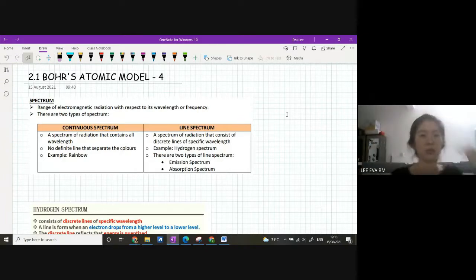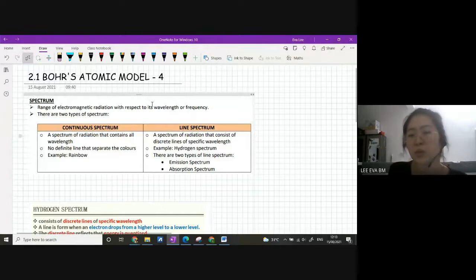Okay. So 2.1, we have already discussed the first, second, third, and fourth postulate. The next thing you want to look at is the spectrum. You need to understand the word spectrum. It refers to a range of electromagnetic radiation with respect to specific wavelength or frequency.